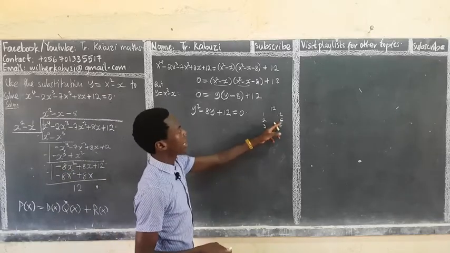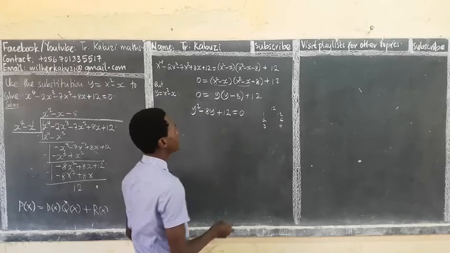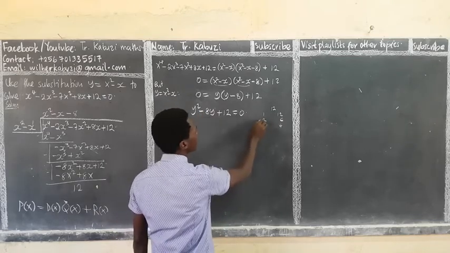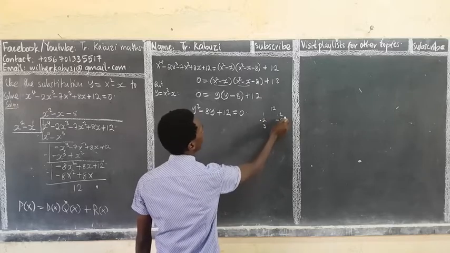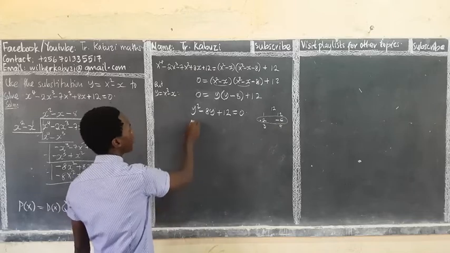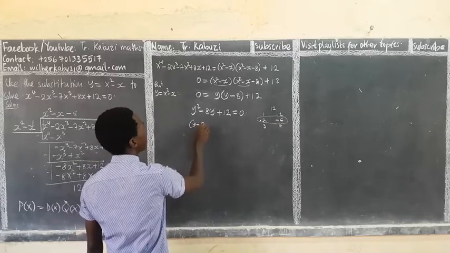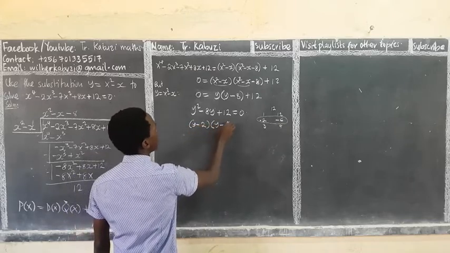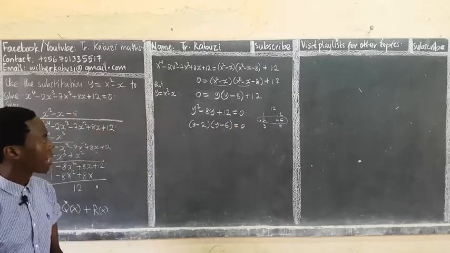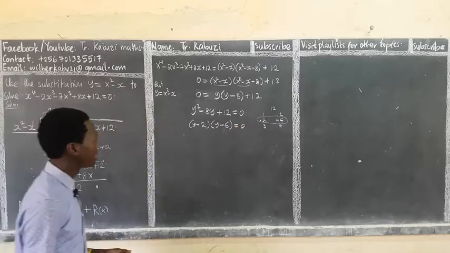When I add them, I need a negative 8. So if this sign is plus, they should be of the same sign. So negative, negative. So this is the pair that I'm going to take. Meaning I can factorize this as y minus 2 into y minus 6 equaling 0. So that's how I can factorize that in simple terms.